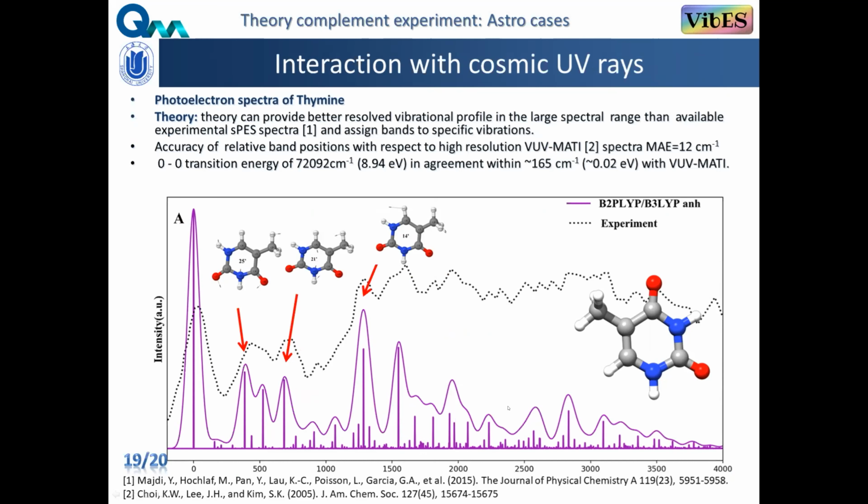And if we compare the peaks which have been observed in this energy range, also at a higher resolution, we are getting agreement within 12 reciprocal centimeters when we compare relative band positions, that is, the band positions relative to the 0-0 energy. But the 0-0 transition itself is in agreement within 0.02 electronvolt.